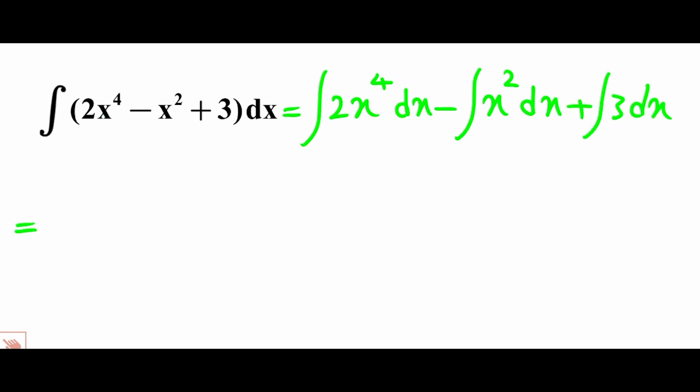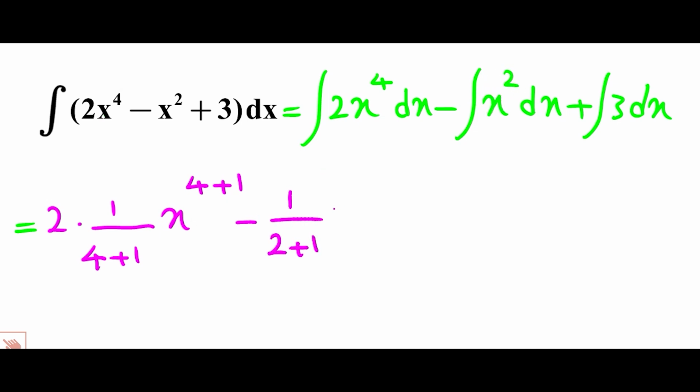So we have 2 times the integral of x to the fourth power equals 1 over 4 plus 1 x to the power of 4 plus 1, minus the integral of x squared equals 1 over 2 plus 1 x cubed, plus the integral of 3 dx equals 3x plus c.